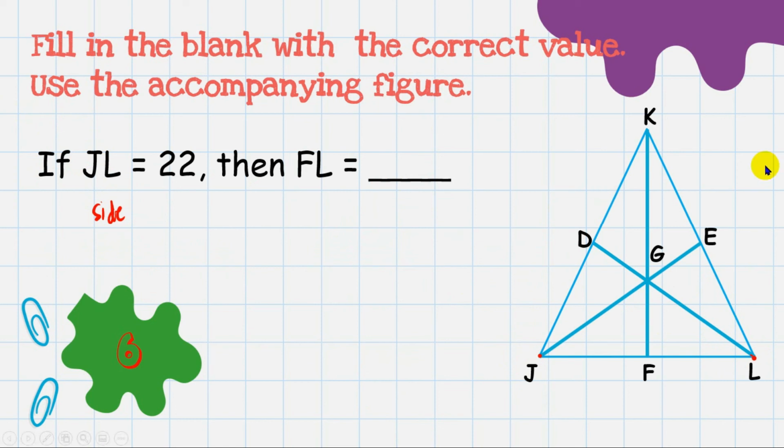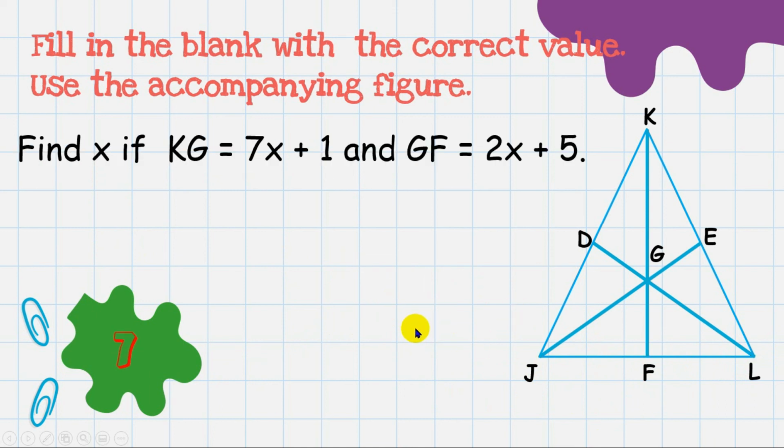At dahil nga po, medians ang ating mga line segment na ito na nasa gitna, ibig sabihin, point F is a midpoint. That means, they are equal. Segment JF and segment LF are equal. So, if JL, yung kabuuan ay 22, ano daw yung kalahati nito? So, that is, ayan, 11.